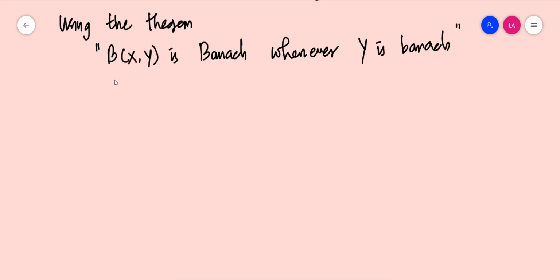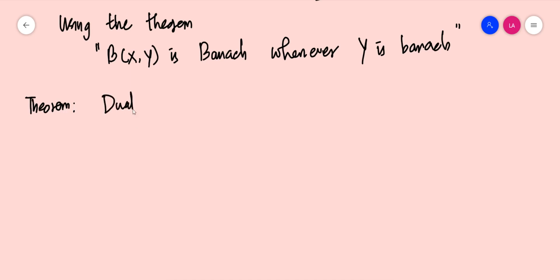By using this theorem, the set of all linear operators from X to Y is Banach whenever Y is Banach. Here, the set of all real numbers or the set of all complex numbers is actually a Banach space. So, from that, we can state the following theorem.